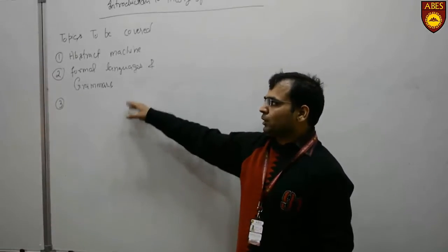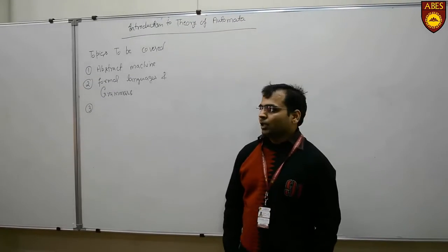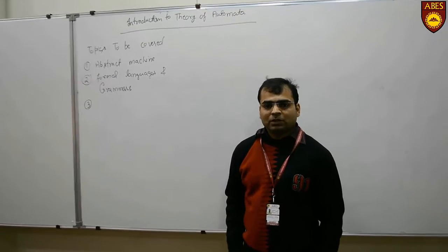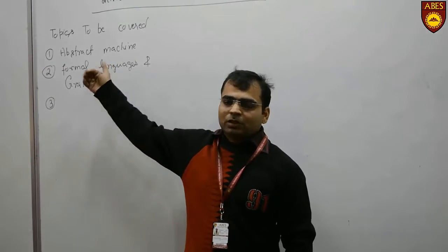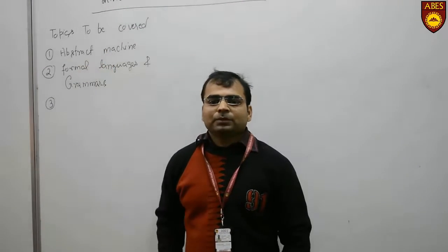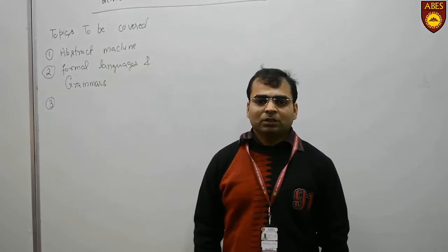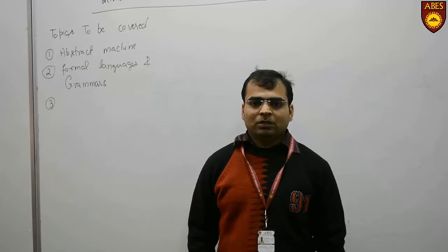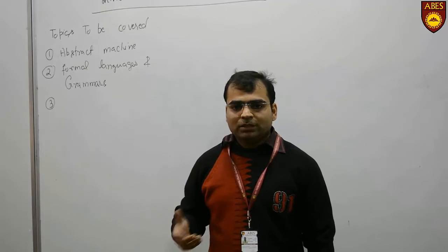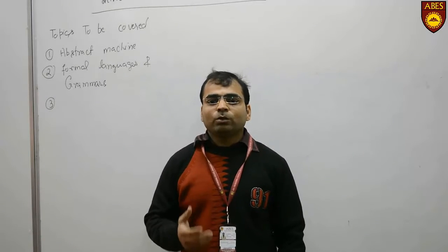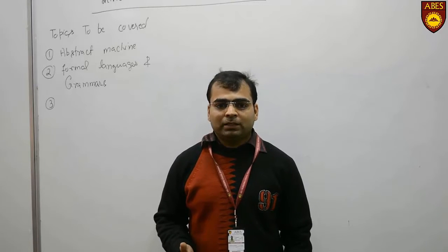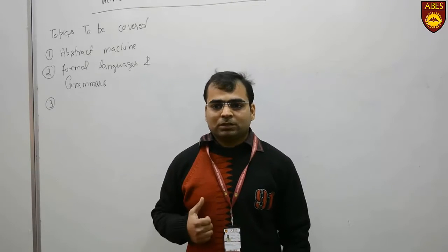So before going further, let's start with what an abstract machine is. In the theory of automata, we deal with abstract machines, which are machines whose functionality, whose logical part, is known to us. But how that machine is going to be implemented is not known to us.